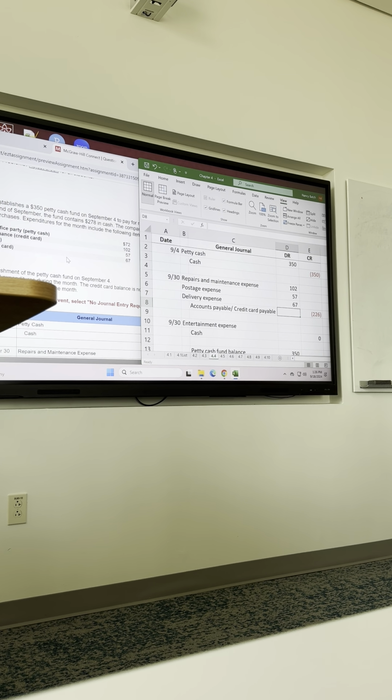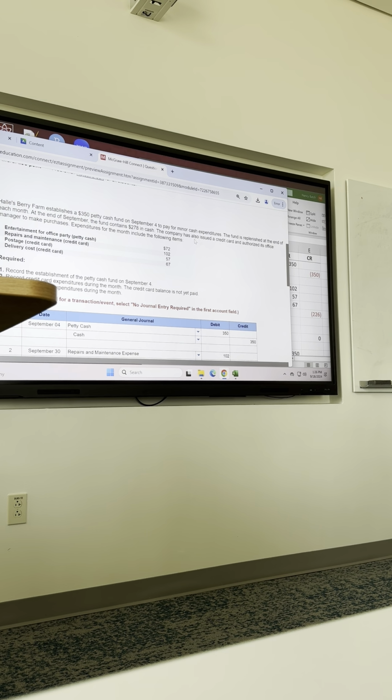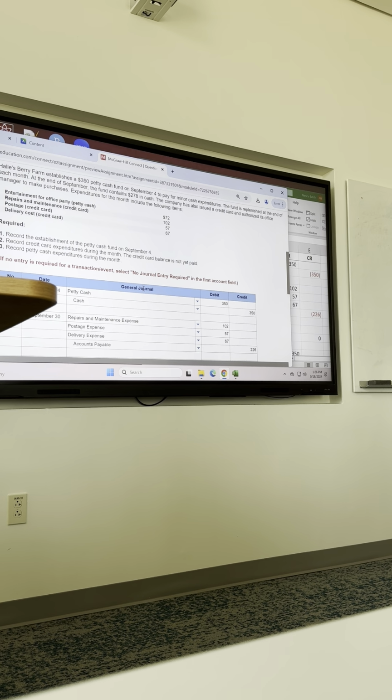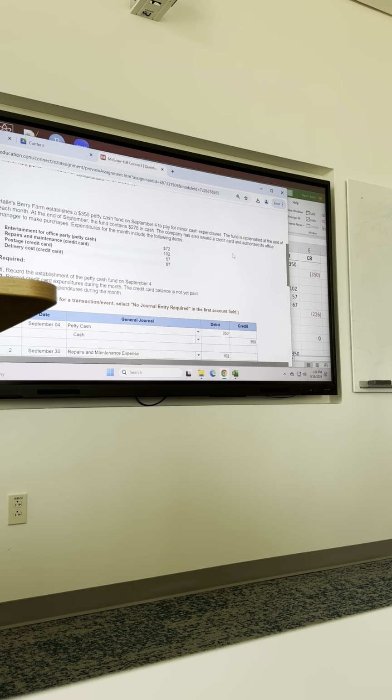Now, the only actual petty cash expenditure we have is right here. They left out a... Okay. Actually, it would make me figure this out. Okay, the difference at the end of September, the fund contains $278 in cash.